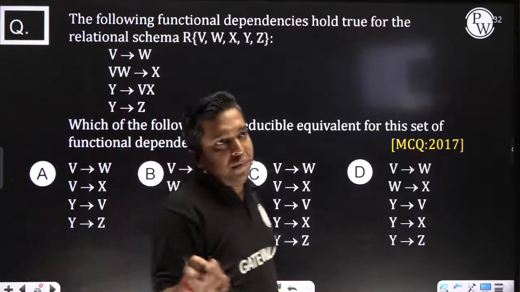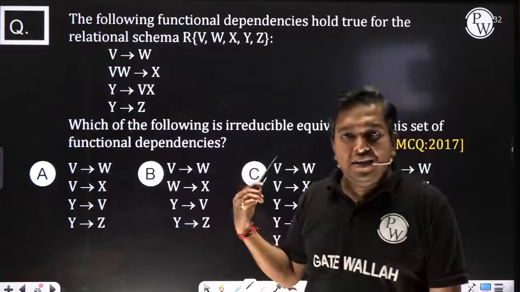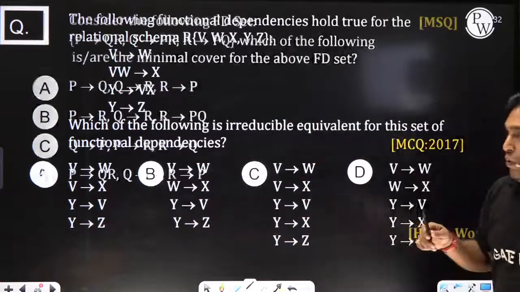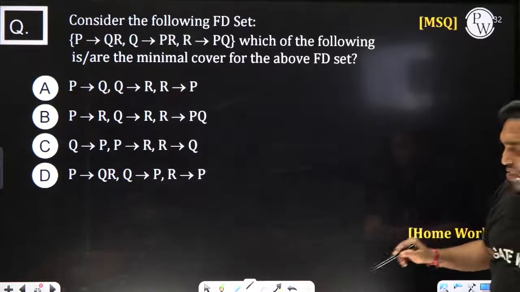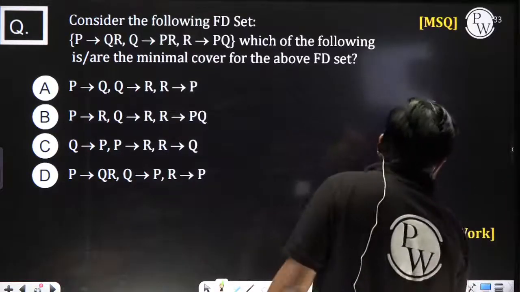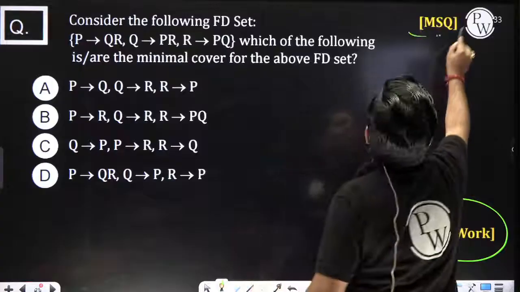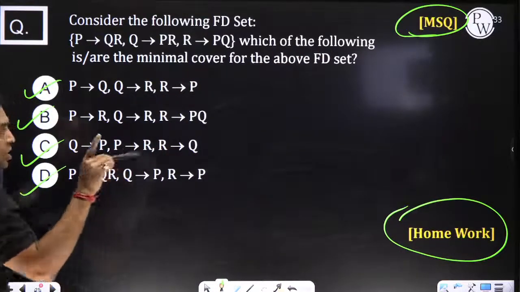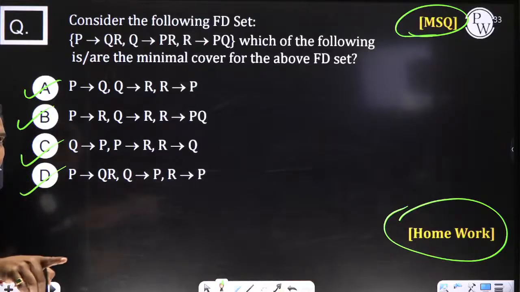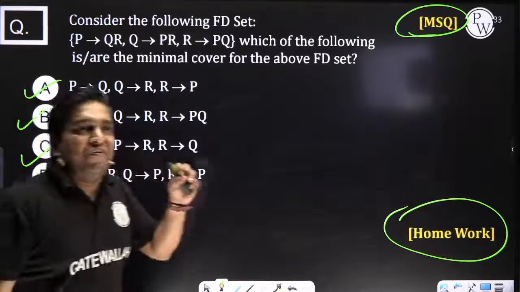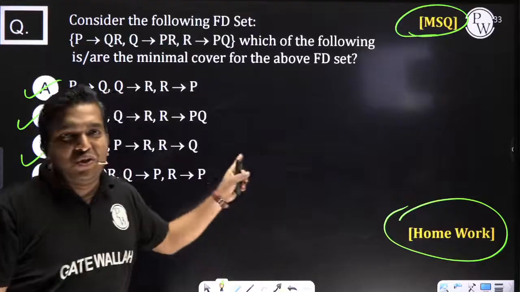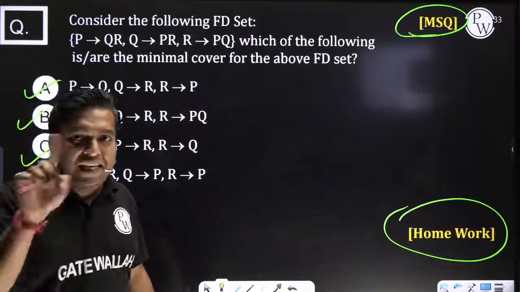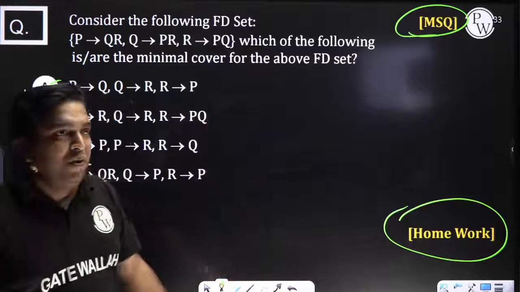We will discuss on Monday's class, then we will start a new topic. We will discuss all these questions and start the new topic. And this one is your homework question and it is an MSQ. Believe me, here all 4 answers are correct. But you solve it, definitely you will enjoy. You have a testing method also, you have a procedure also. Please solve this question.